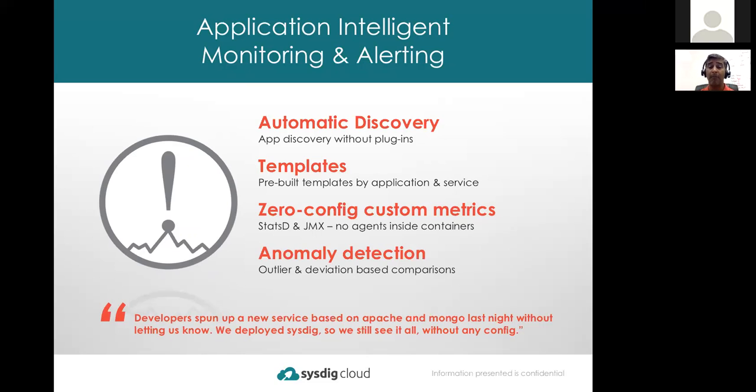So we've automated that process. Through our instrumentation, we automatically discover your applications. So you may be familiar with the idea that once you deploy a monitoring agent, you tell it what app checks to configure, you tune it to collect the right data.